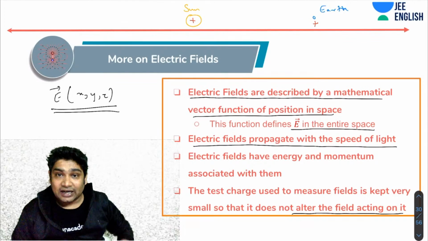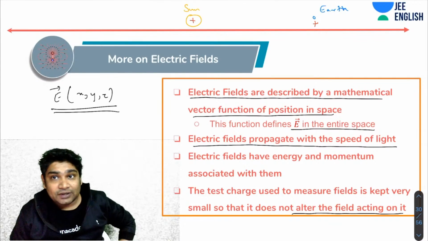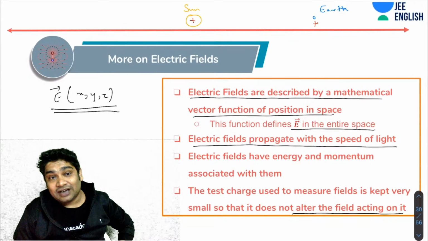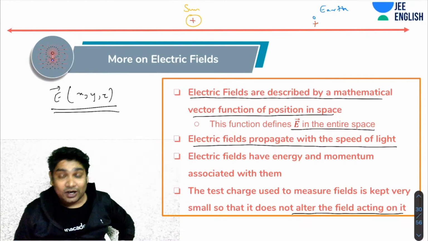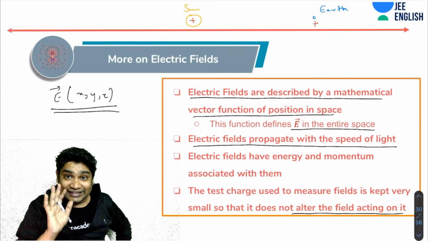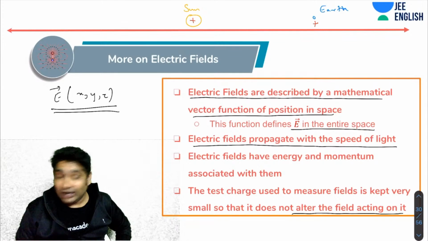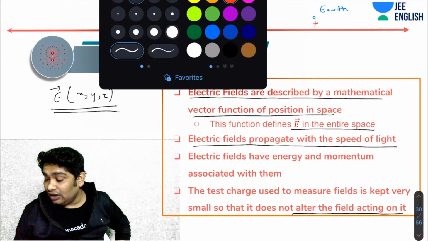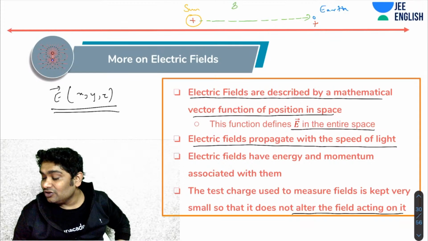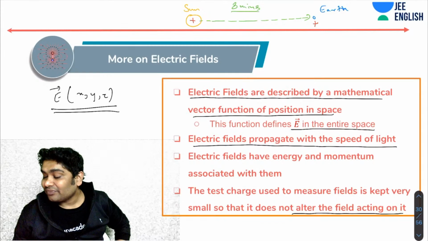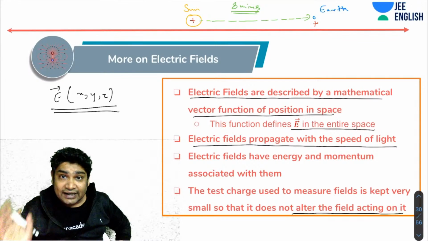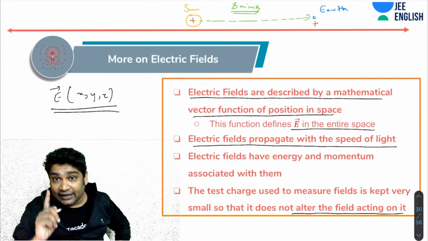Suddenly if I implanted positive charges on both, you realize the force of repulsion will not start. The earth will not start experiencing the force of repulsion due to the sun's charge for the next 8 minutes. You know, light travels from sun to earth in 8 minutes. So it will take 8 minutes for the field of the sun to reach earth, and for those 8 minutes, earth would not have felt any repulsion.